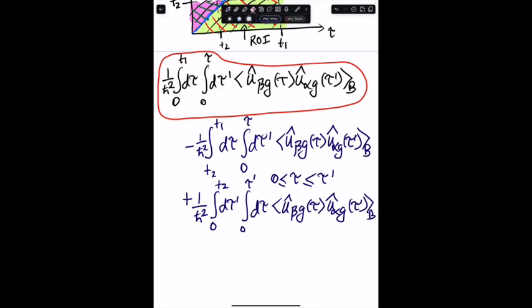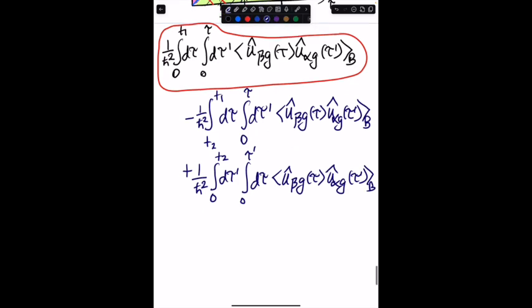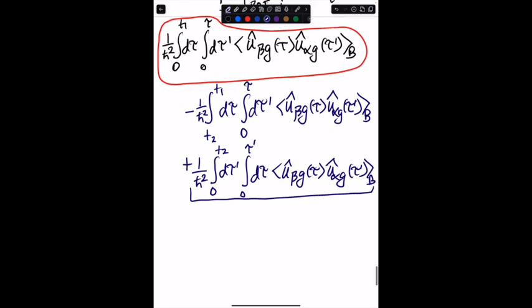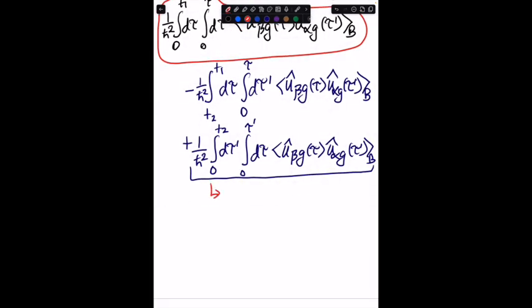Now, one very easy thing to do here is just to swap tau and tau prime, because the way you think about this is that they're just variables of integration. So you can go to 1 upon h bar squared, 0 to t2 d tau, 0 to tau d tau prime, and then you'll have u hat beta g tau prime, u hat alpha g tau.